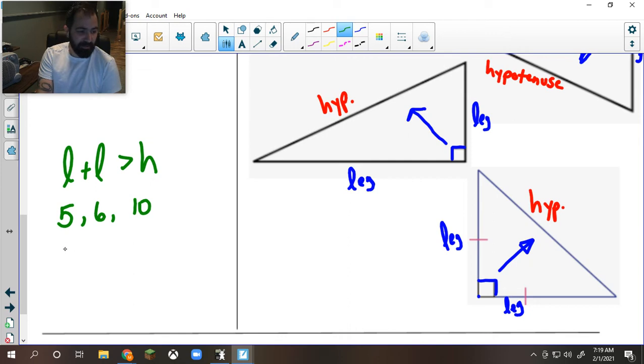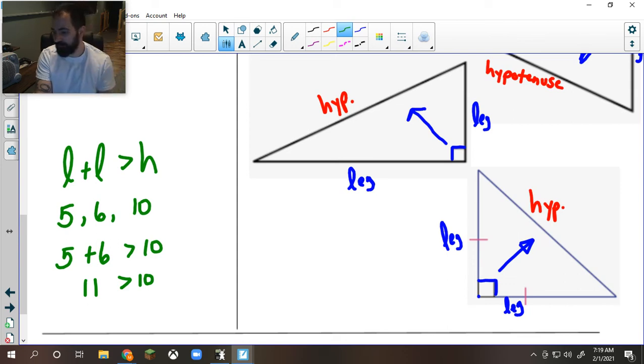Let's check it. Leg plus a leg, 5 plus 6 has to be greater than 10. Well, 5 plus 6 is 11. 11 is greater than 10. If this is true, you have a triangle. Yes, it is a triangle.